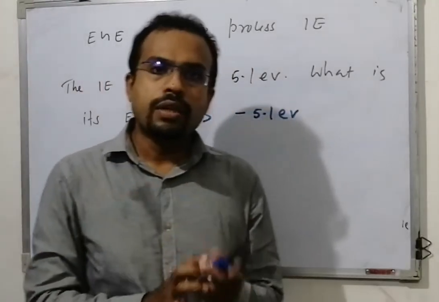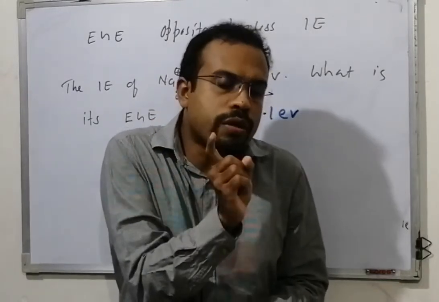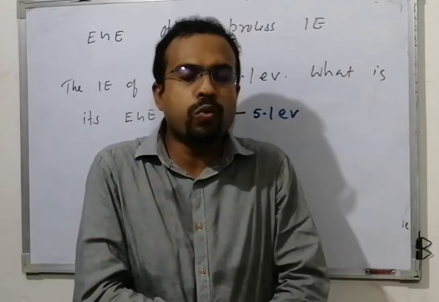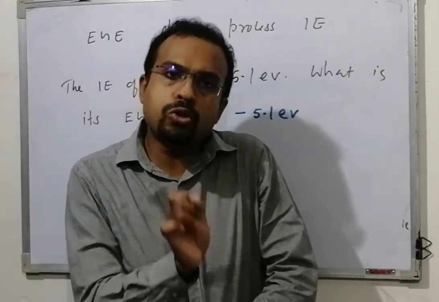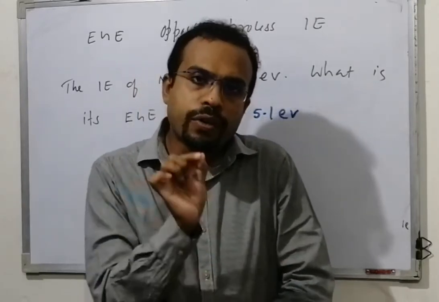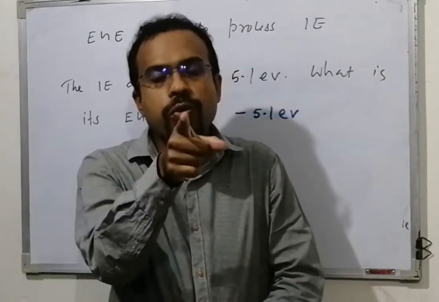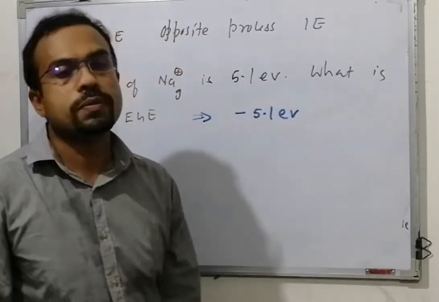If you give an electron to Na plus, it will give you 5.1 electron volt. That is represented by minus.